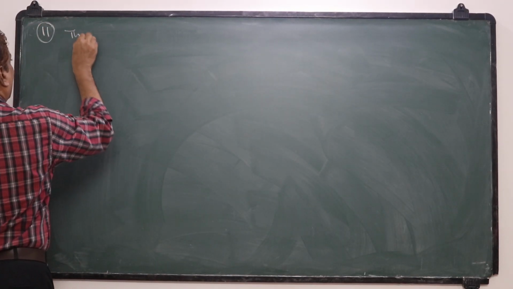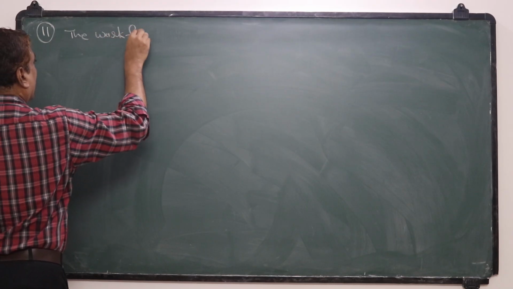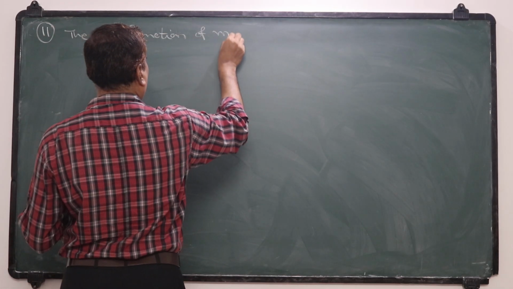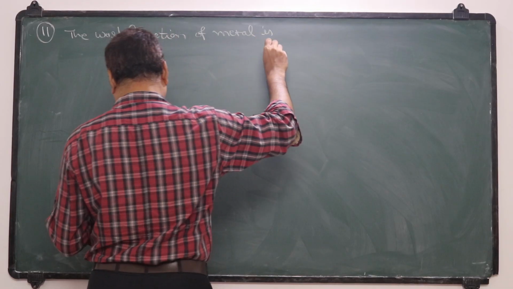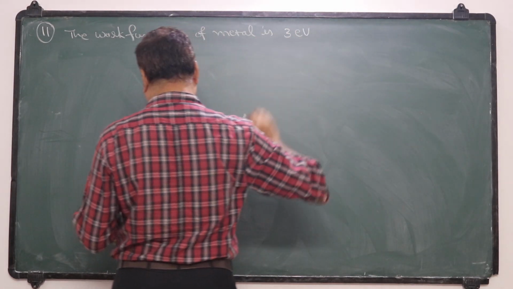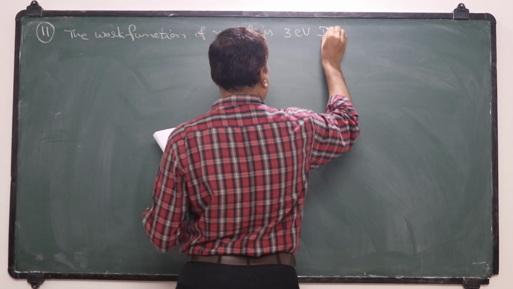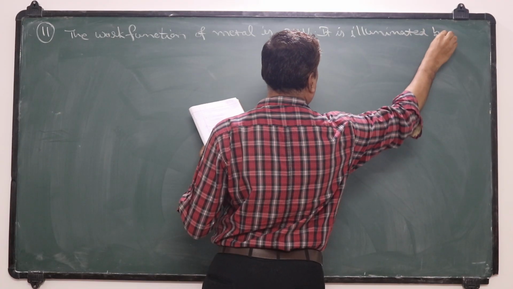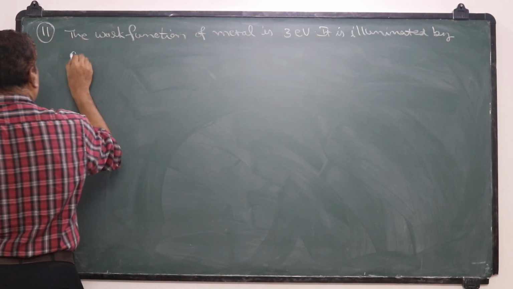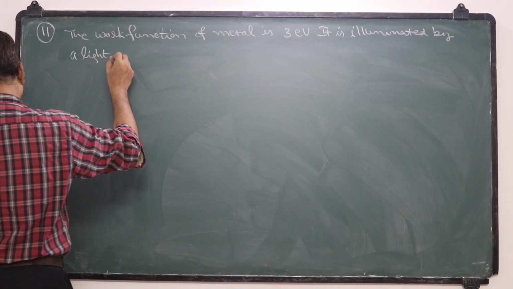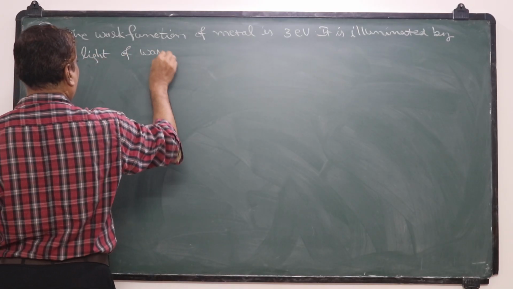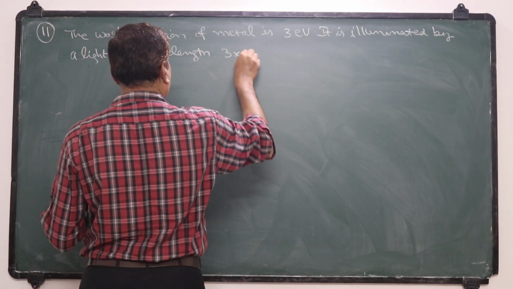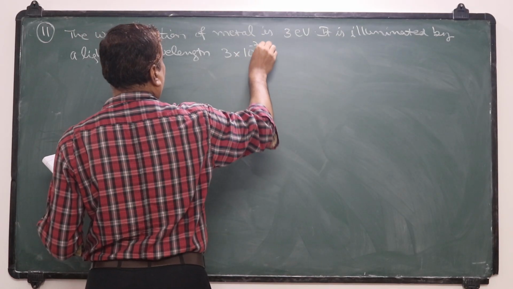The work function of a metal is 3 electron volt. It is illuminated by a light of wavelength 3 into 10 power minus 7 meter.